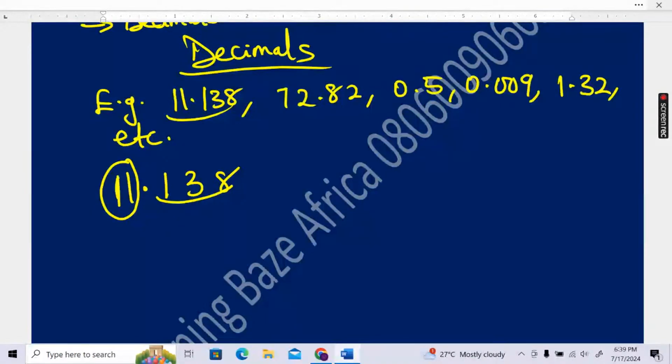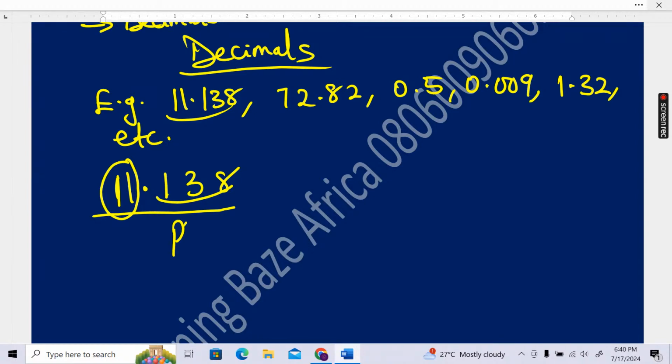That is wrong because we don't have hundreds, tens and units as decimal. That's a function of place value. So the correct way to read this decimal number is 11.138, saying each digit after the decimal point separately.